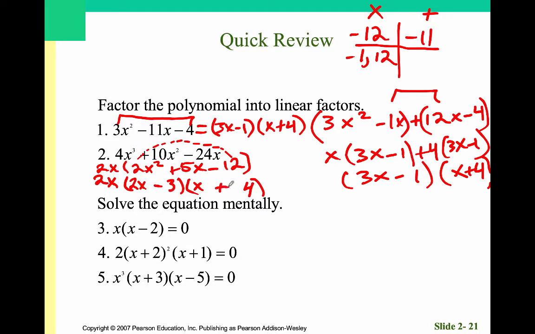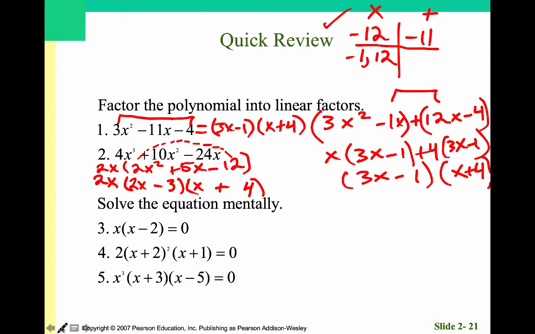You can factor by grouping if you need to, but you can check this out. 2x squared plus 8x minus 3x. There's that 5. And then negative 3 times 4 is 12. So where did the positive 8 go? It's 2 times 4. Again, if you're not comfortable doing it like that, then go through the grouping.